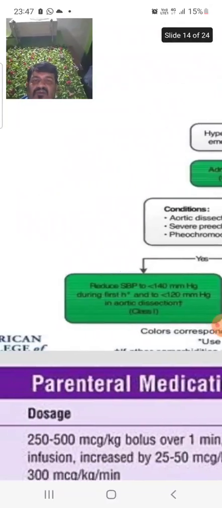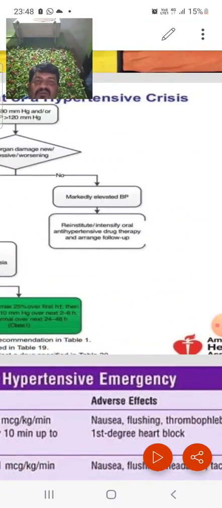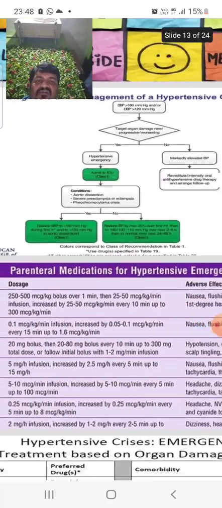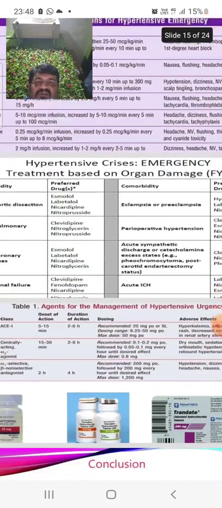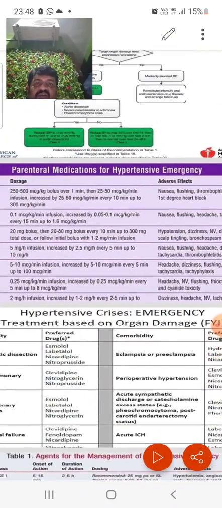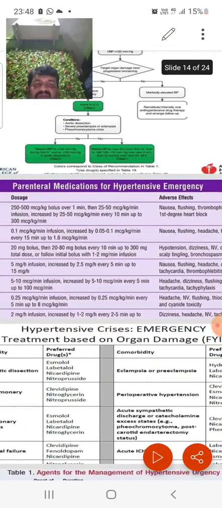So ये चार्ट आपको अच्छे से समझ में आया होगा. अब हम लोग इसमें देखते हैं the parenteral medications for hypertensive emergencies, and then we'll talk about the hypertensive crisis emergency, and these are some drugs and then conclusion. So we are coming to the parenteral medications for hypertensive emergency.